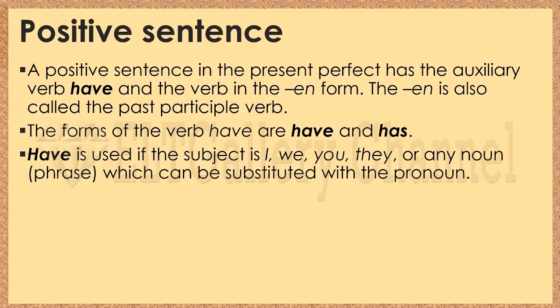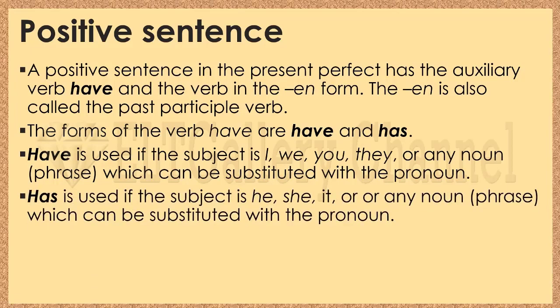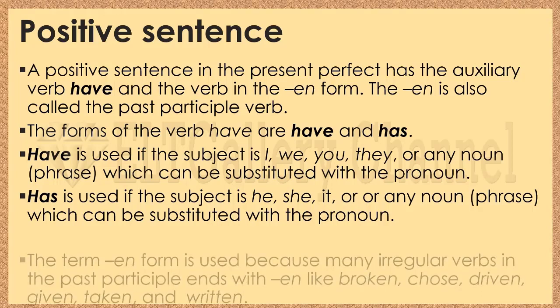So we have they have for Mary and her sister, you have for you and your friends, and we have for John and I. And then we have has, which is used if the subject is he, she, it, or any other noun which can be substituted with a pronoun. So if we have John, it can be substituted with he, and the predicate is has. If you have Mary, then we have she, and we have has.